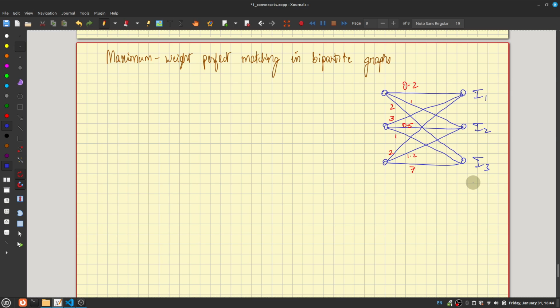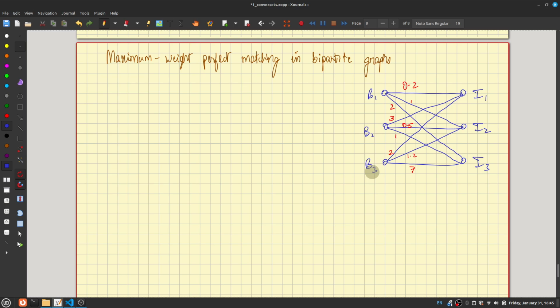And there are exactly the same number of buyers: buyer 1, buyer 2, and buyer 3. For whatever restrictions, you only want to give one item to each buyer. A buyer can't buy more than one item. But the price of the item is not fixed.